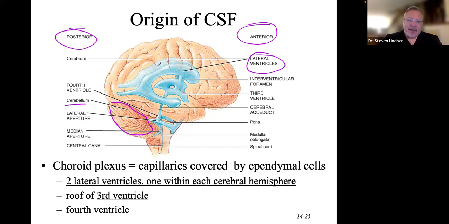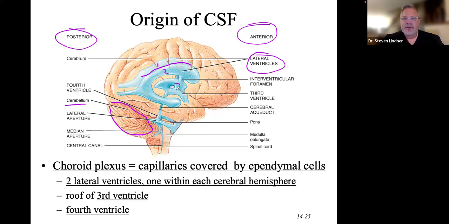We could see that there's two of them. One would be in the left hemisphere of the brain. The other would be in the right hemisphere of the brain. And what separates the two would be that dura mater extension called the septum pellucidum.